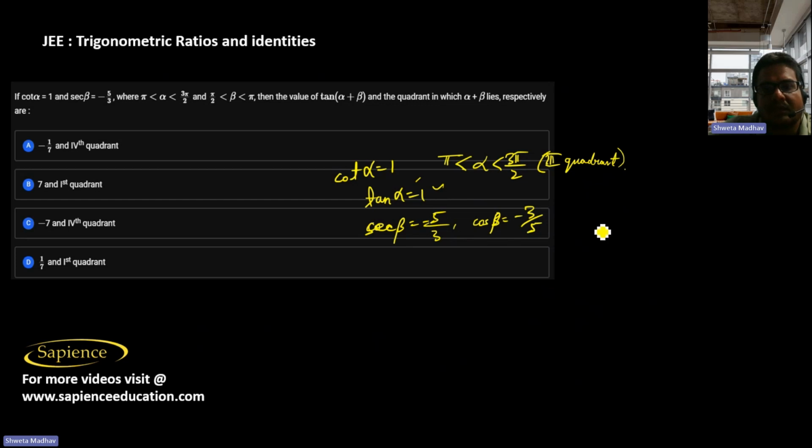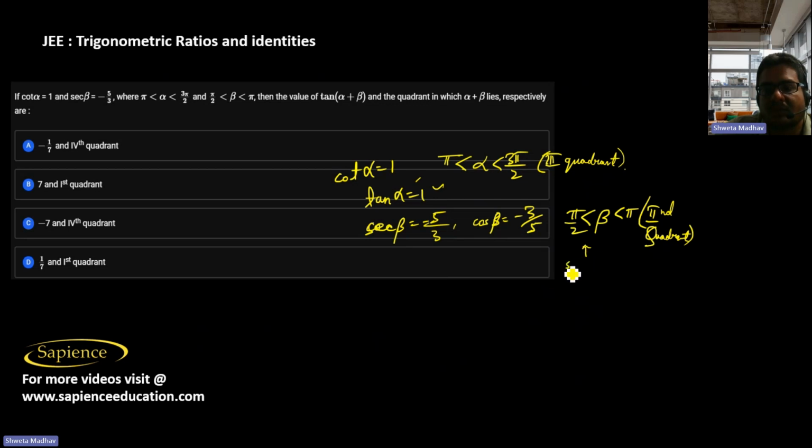And it is told that beta is more than pi by 2 but less than pi. So it is in the second quadrant. Now cos beta is minus 3 by 5. So pi by 2 to pi, it is in the second quadrant.